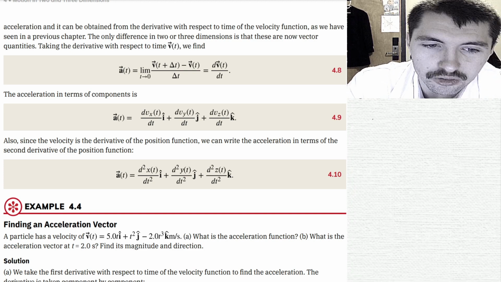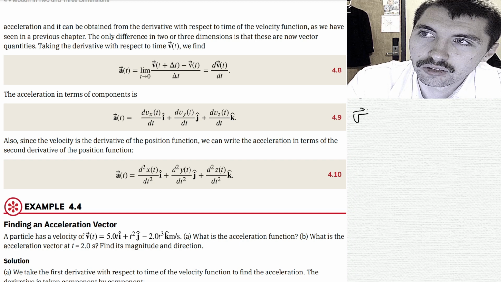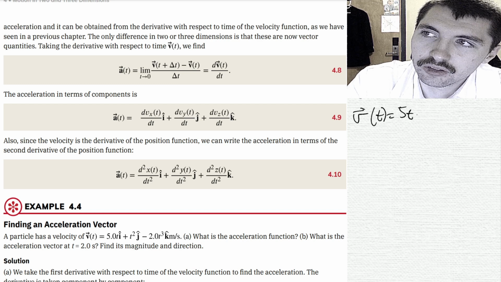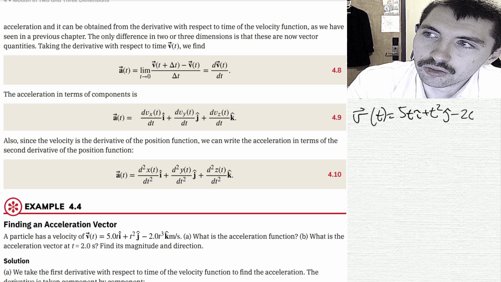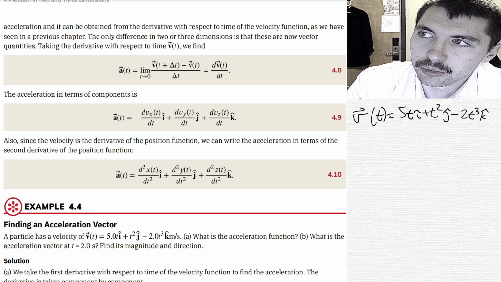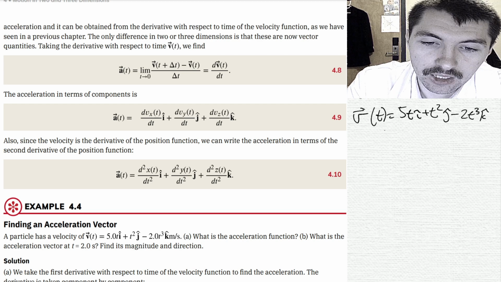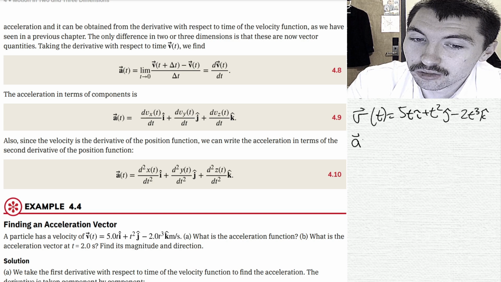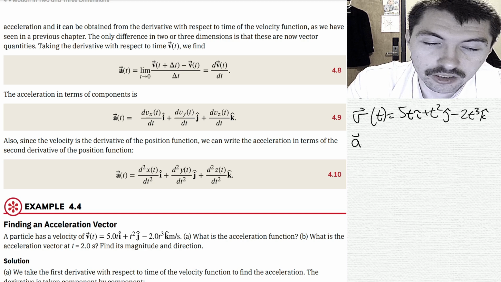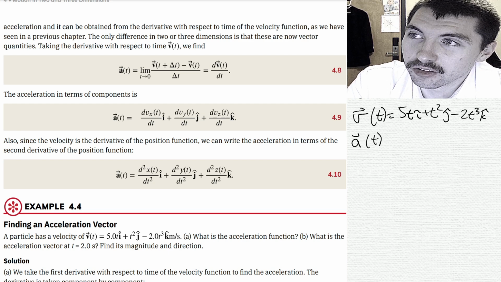So a particle has a velocity of 5t i hat plus t squared j hat minus 2t cubed k hat meters per second. Obviously acceleration should be a constant, maybe not in this example.